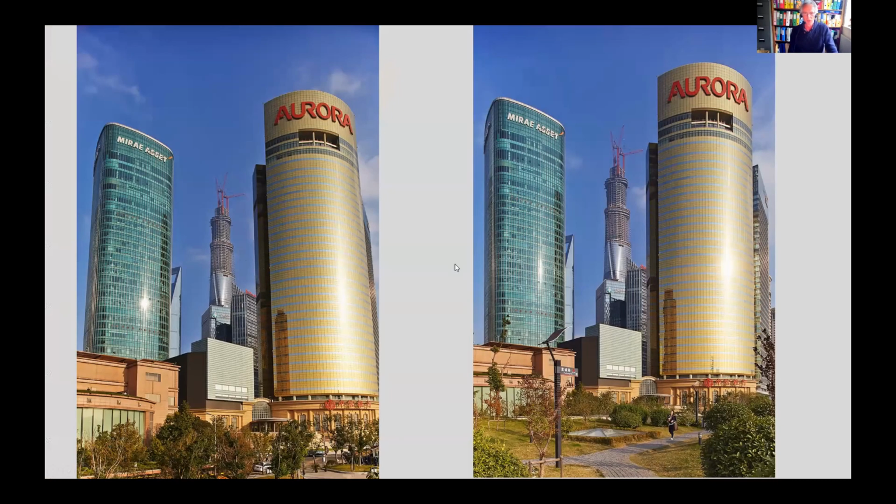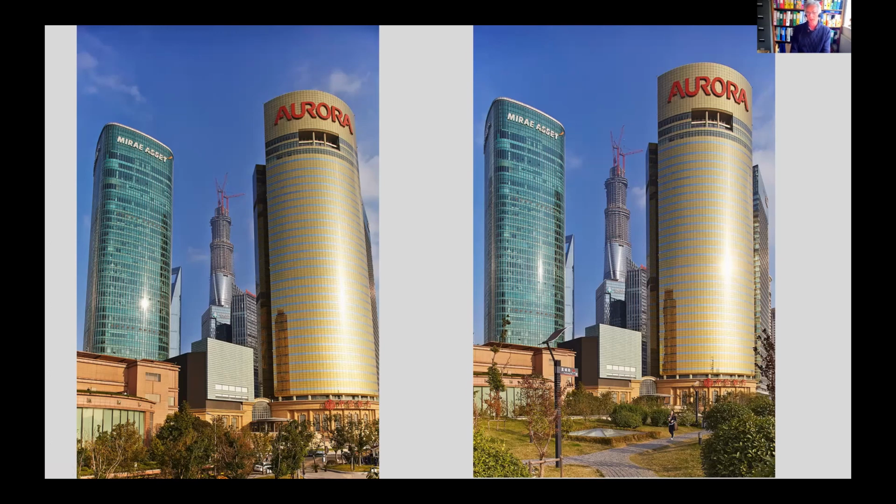So we look at these two images taken in Shanghai again of this collection of office towers, not particularly interesting architecturally, but nevertheless they say something about the incredible dynamism and building work of Shanghai. Now on the left we have a picture where, rather similar to the one I showed you just now, I've not quite managed to get there really. The buildings are leaning still.